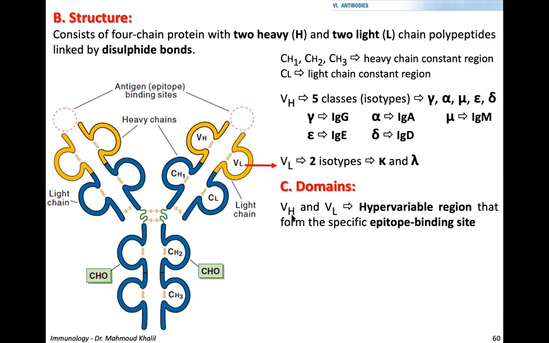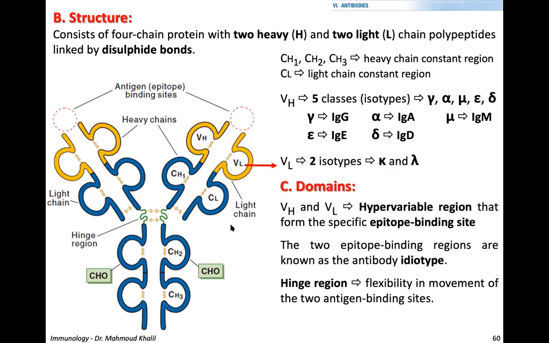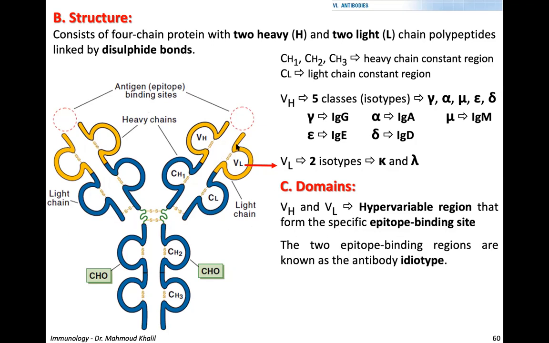For the domains, you can see that the variable heavy region together with the variable light region, we can call it the hypervariable region. And these 2 combined regions can form the epitope binding site for the antigen. So the 2 epitope binding regions are known as the antibody idiotype.